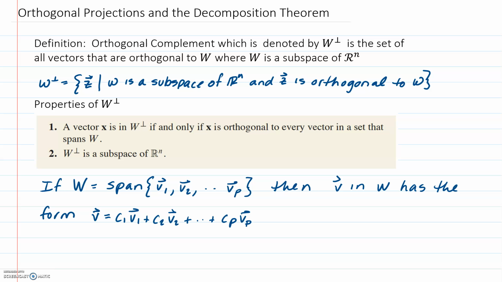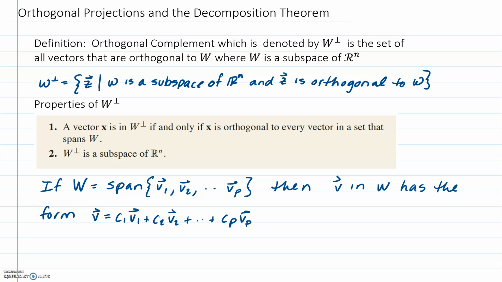I don't want to make it n because we're in Rn. And V is in W, so V in W has the form c1v1 plus c2v2 plus ... cpvp.